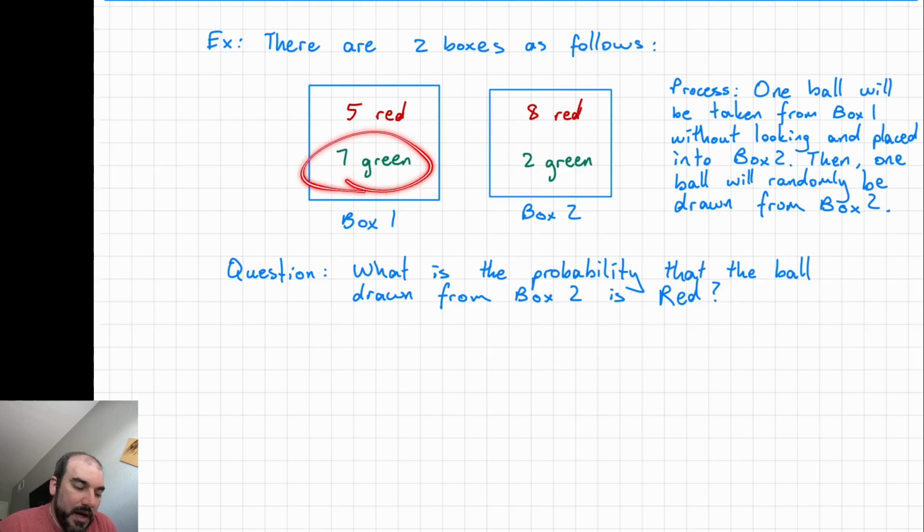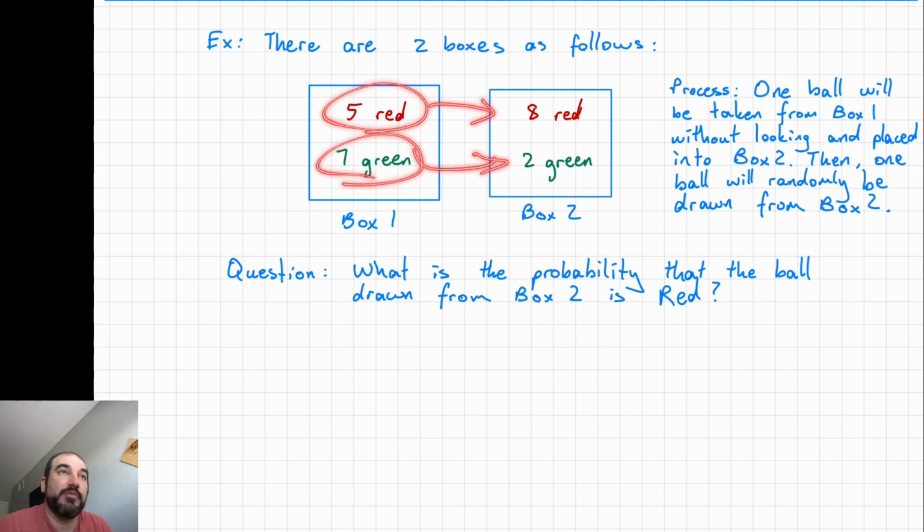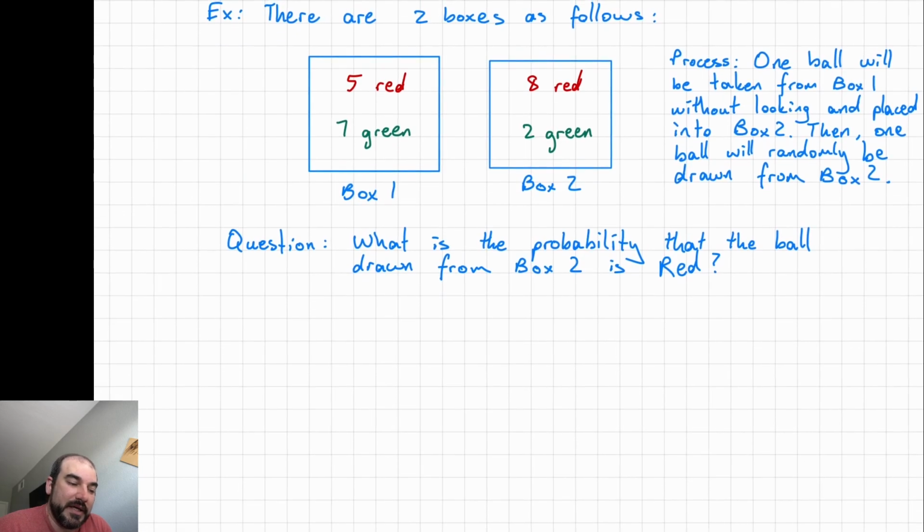Or a green ball is moved without looking, and the composition is different now, right? So we have to follow the process one ball at a time, because all we care about is the ball that was drawn from box 2, but the composition of box 2 is not clear until we know which one of these was moved into box 2. So what we do is we split the task into two different possible things that could happen.